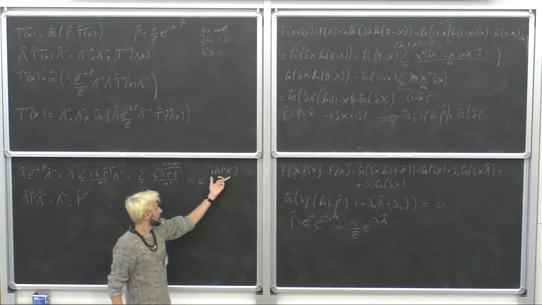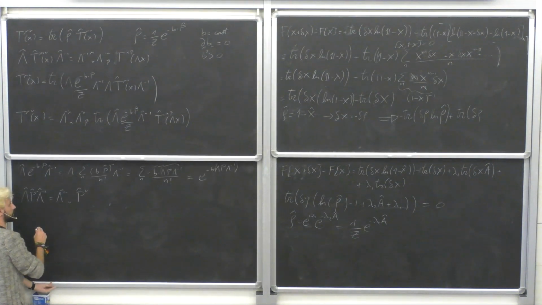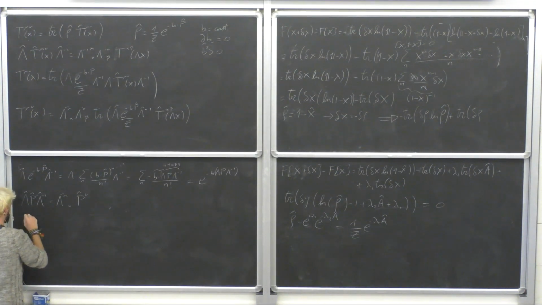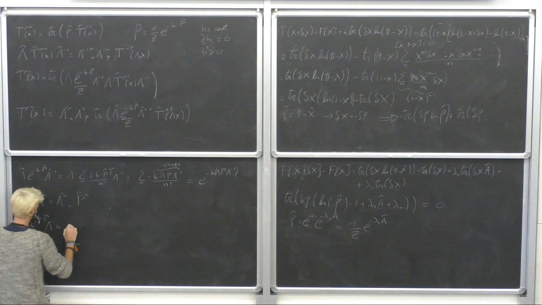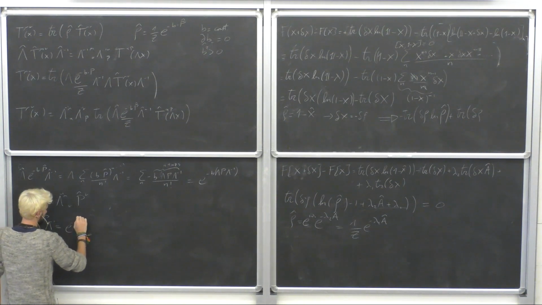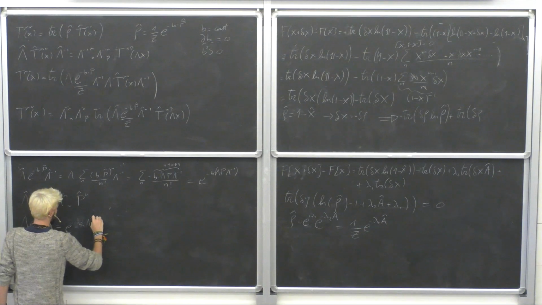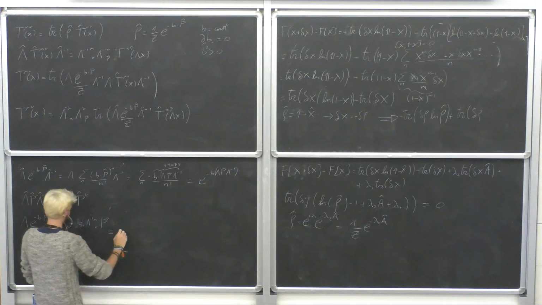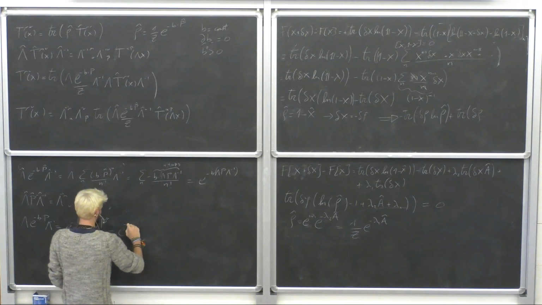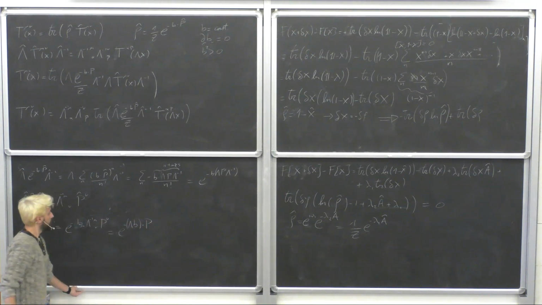And I can use this rule to transform the density operator, so basically λ e^(-b·p) becomes e^(-b_μ (Λ^(-1))^μ_ν p^ν).